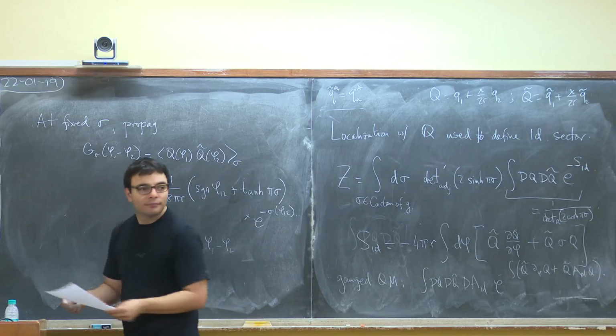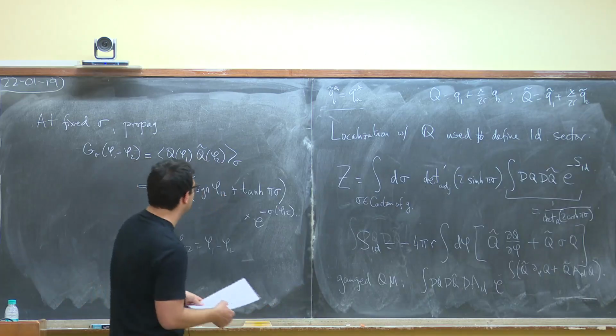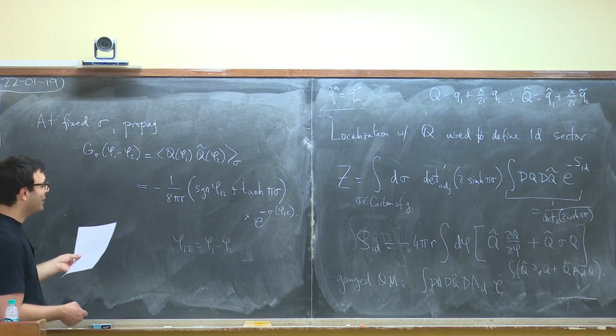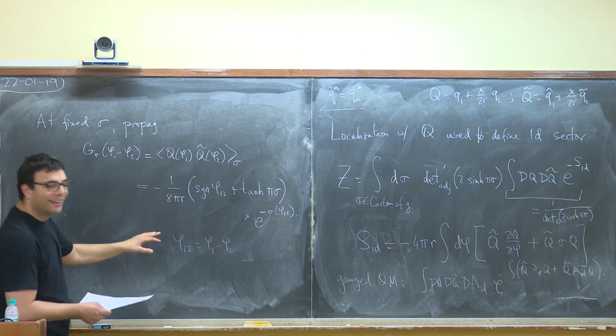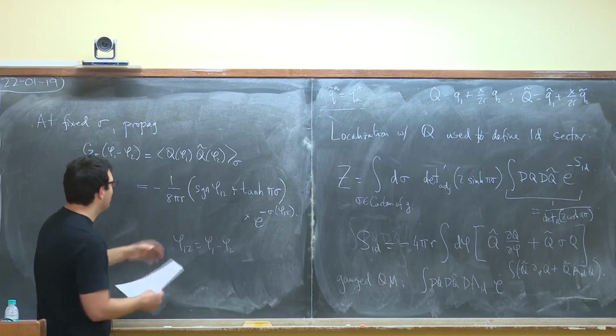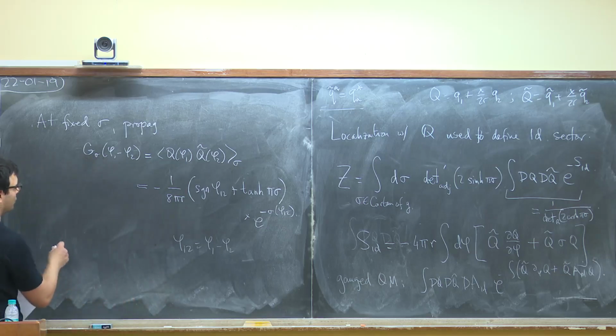Phi 1 and phi 2 were meant to be angles, not hyperbolic angles, right? My formula has some problems, but this formula is correct if phi_12 goes between minus pi and pi.